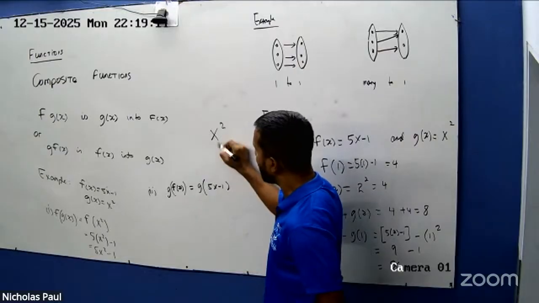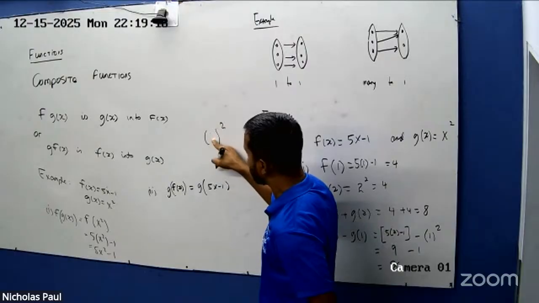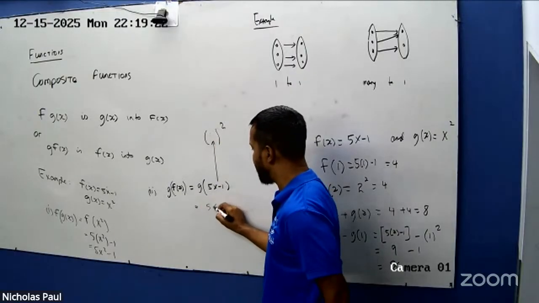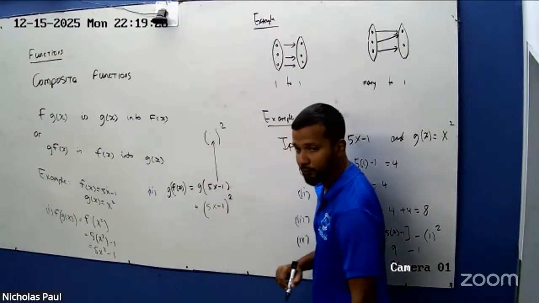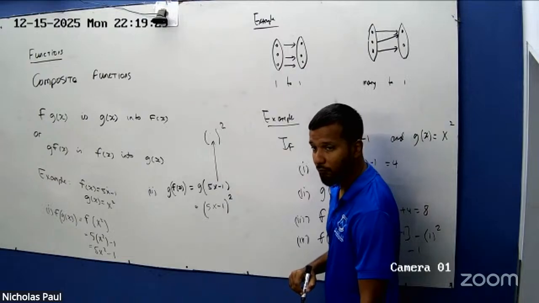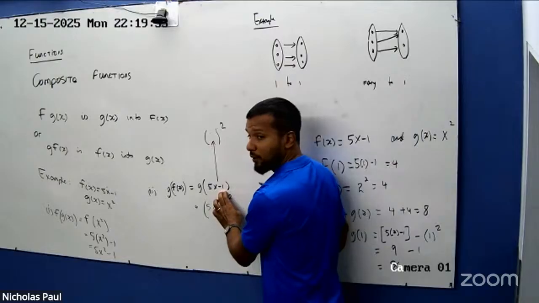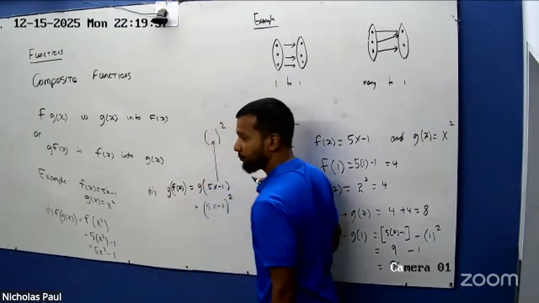So now, what is this x? This x here is 5x minus 1. So really and truly it is 5x minus 1 squared. That's okay? Remember, this 5x minus 1 is what replaces the x in x squared.